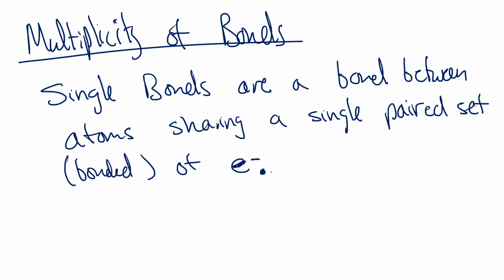Okay. But you can have more than one pair of bonded electrons between 2 atoms. So single bonds, classic example of single bonds: carbon, hydrogen, hydrogen, hydrogen, hydrogen.